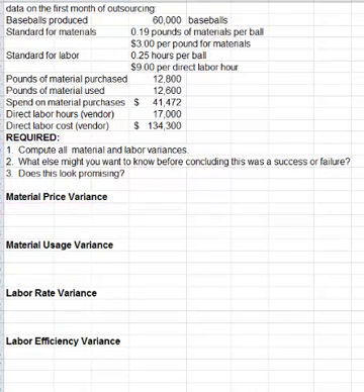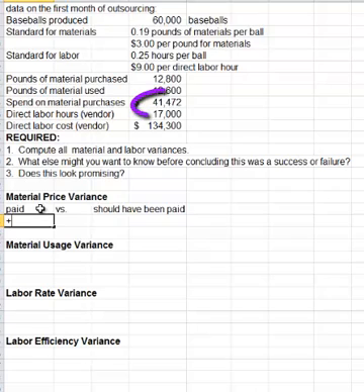So here I've made some space for the 4 variances: material price, material usage, labor rate, and labor efficiency. So let's start with material price. We need to compare what was paid to what should have been paid. So what was paid? They purchased 12,800 pounds and they paid $41,472.